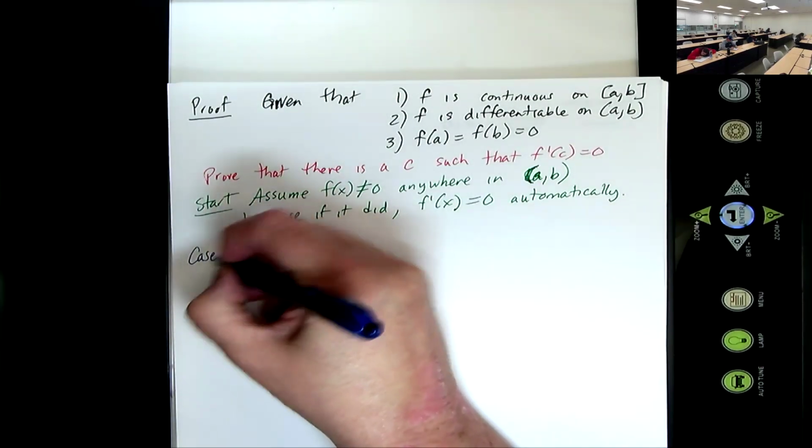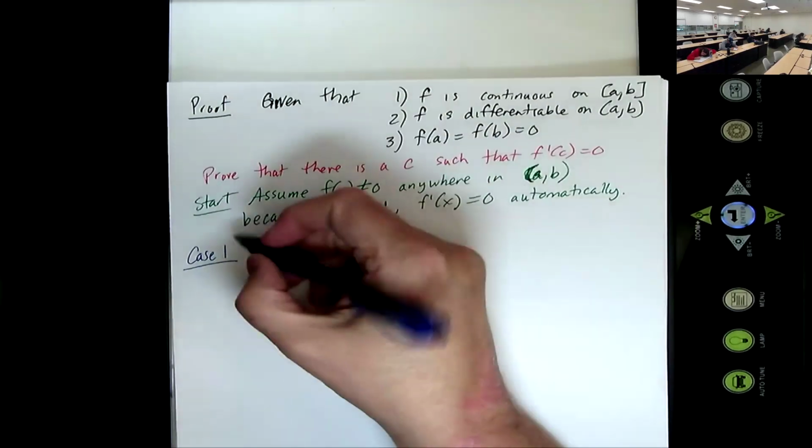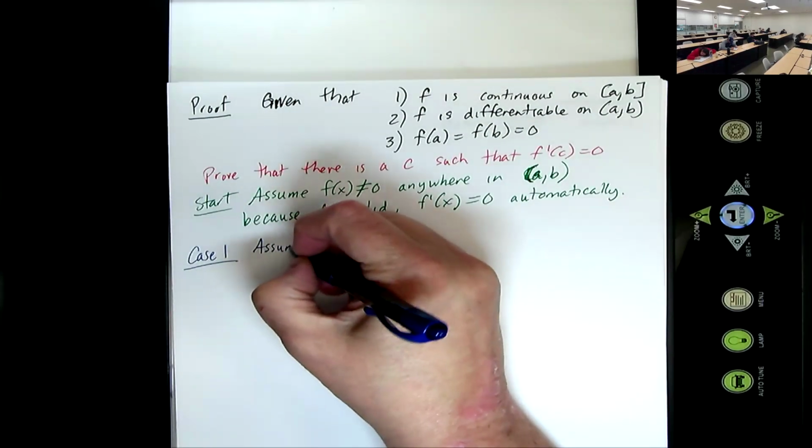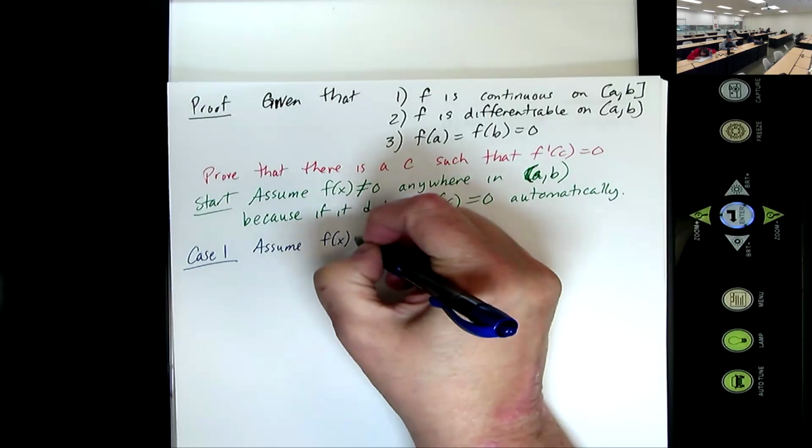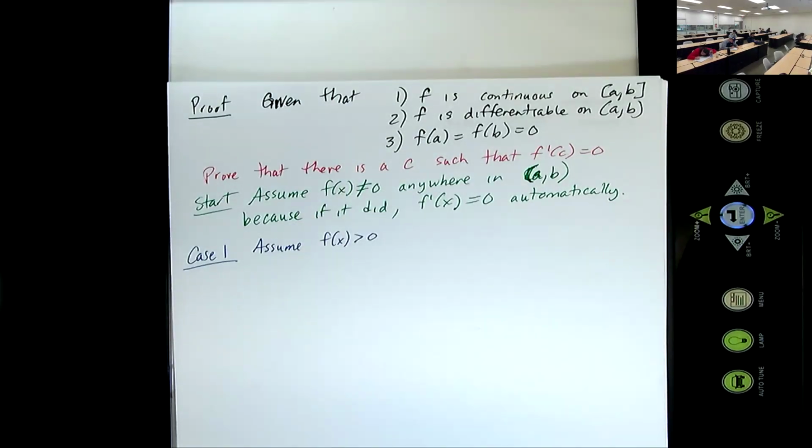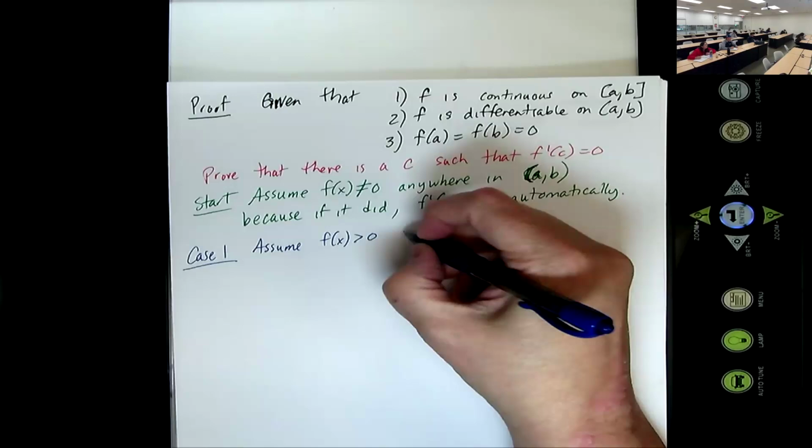Case 1. We will assume f of x is greater than 0 somewhere, like it goes above it, at some point in AB.